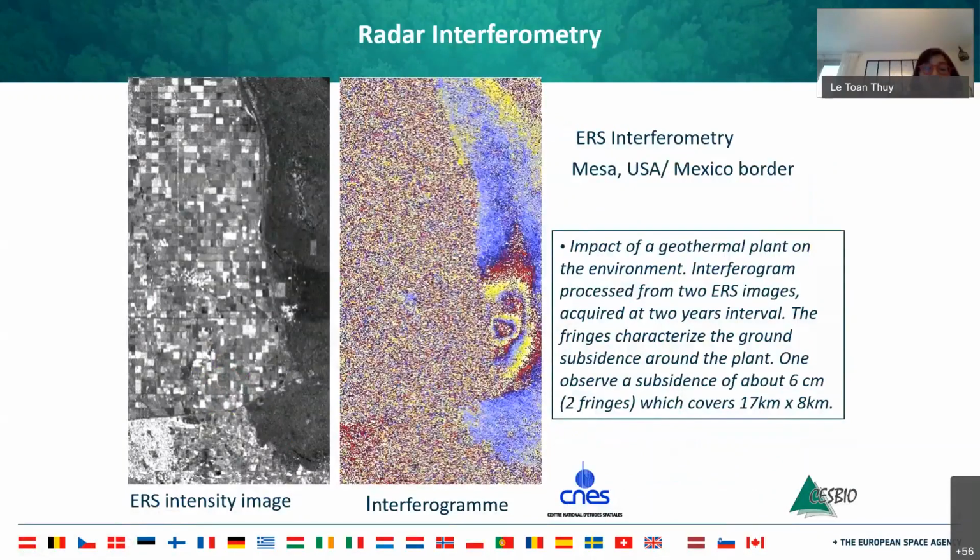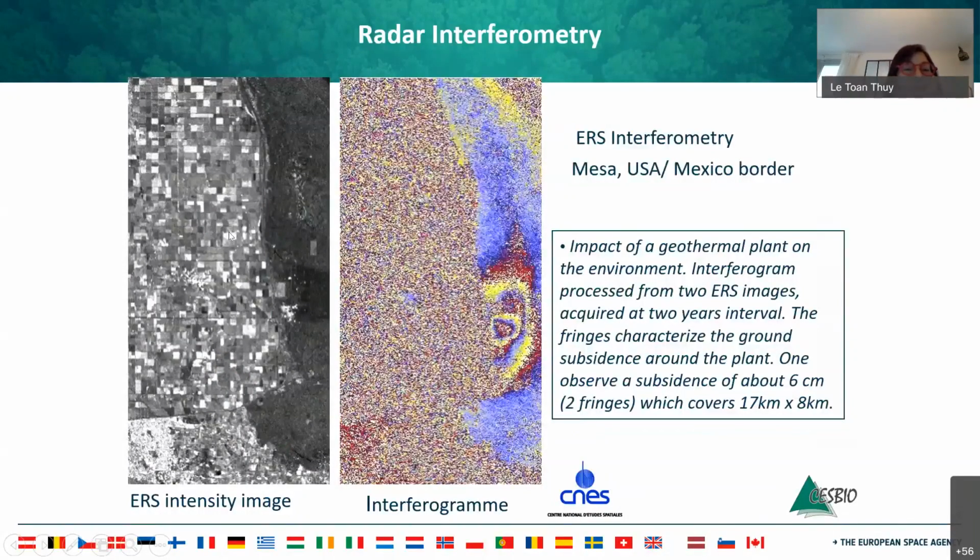And here is just an example of an interferogram. Here is an ERS intensity image, and here is a pair of images which show the boundary between the US and Mexico.